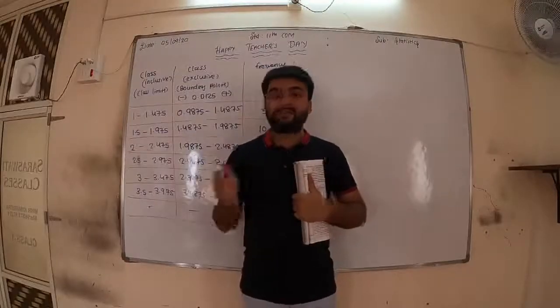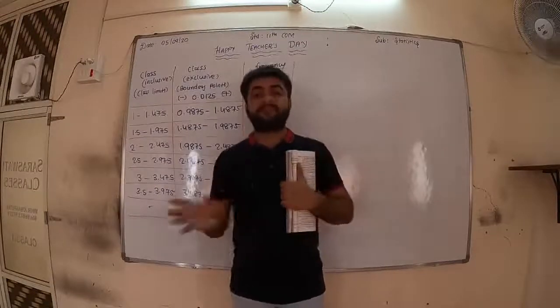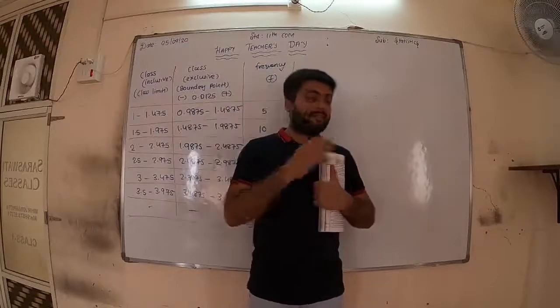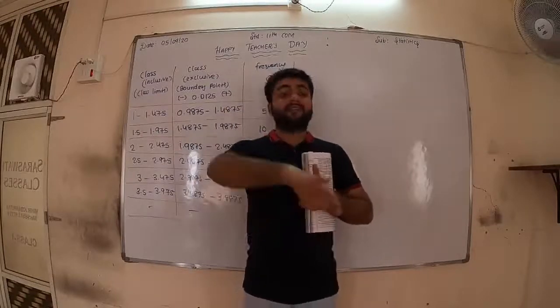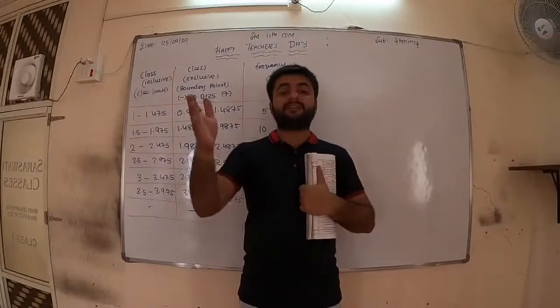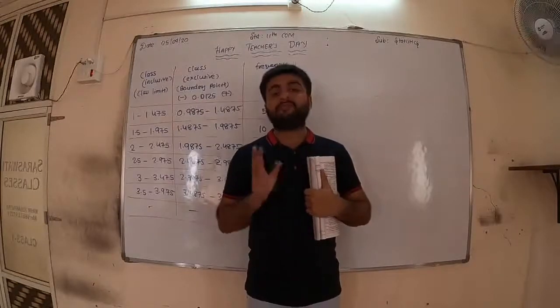If you are distributing the employees and again sub-classifying them as males and females, then that is manifold, because first you do it according to designation, then according to gender, then according to marital status. So you are sub-classifying. That is manifold classification, and we will have sums of this type.